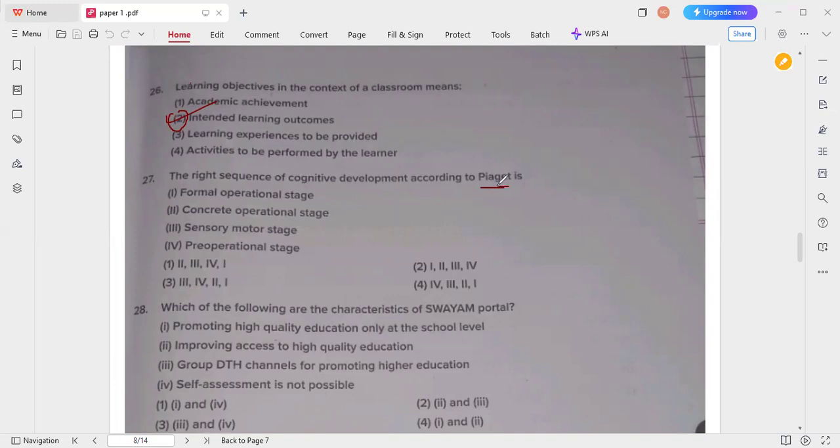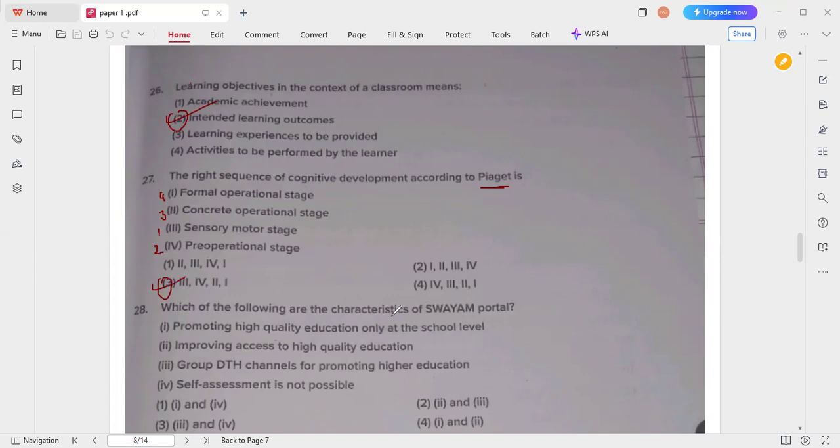According to him, the right sequence is first the sensory motor stage, then the pre-operational stage, then the concrete operational stage, and the last one is the formal operational stage. That is 3 4 2 1, which is there in the third option. So option 3 is the correct answer.